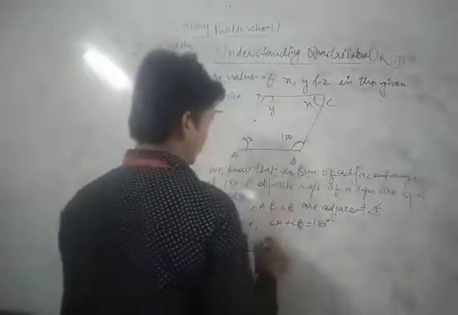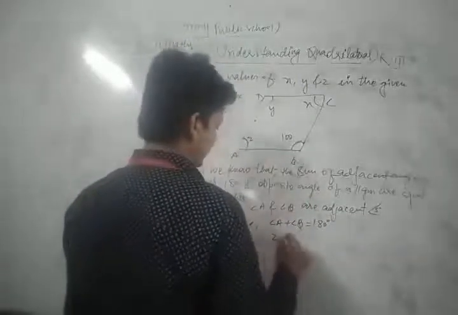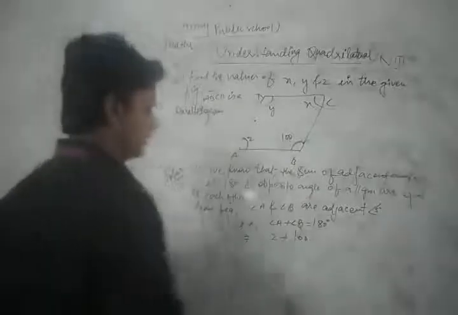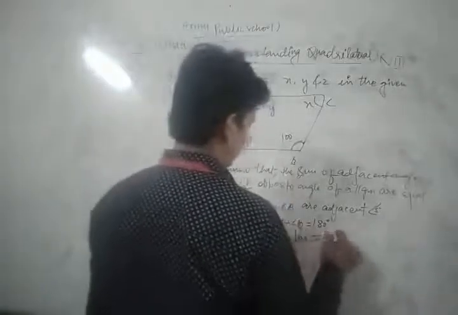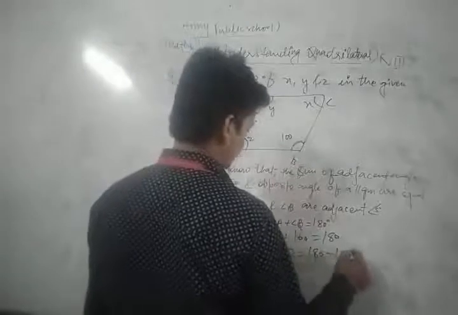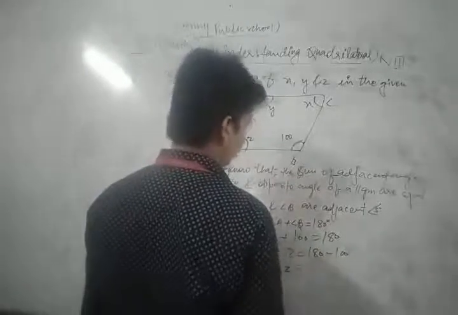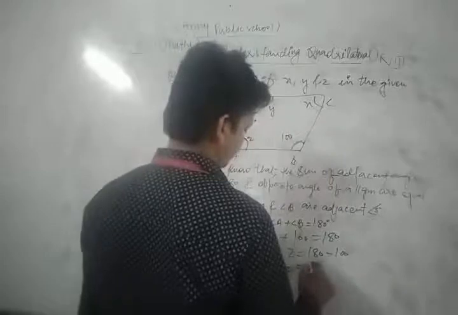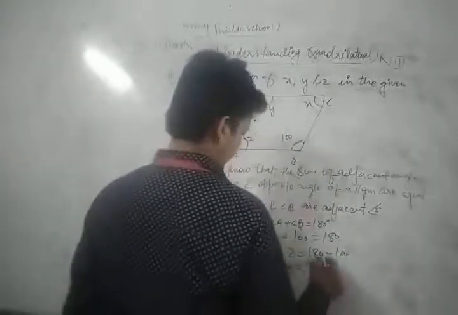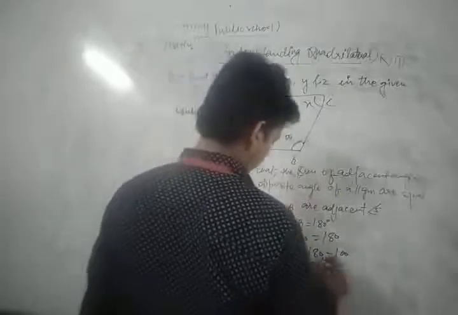Now angle A we put as Z, angle B is 100. So Z plus 100 is equal to 180. So from there, Z is equal to 180 minus 100. That is, Z is equal to 80. This is the first answer.